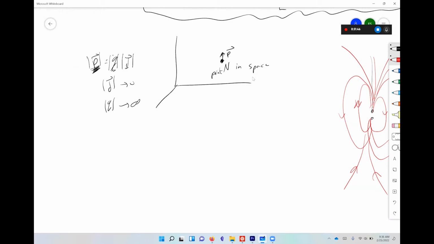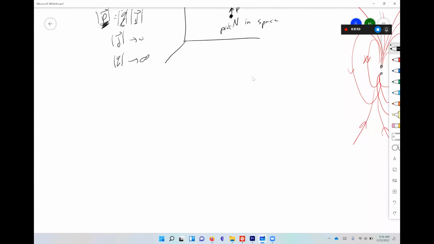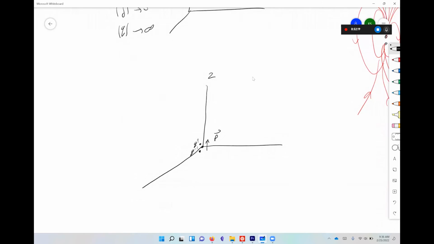But mathematically, we want to express that. So let's orient the dipole along the z-axis. I have the z-axis, and then I have my tiny dipole here, such that P is oriented along the z-axis. So I have a small dipole here with Q plus and Q negative. It's like at the origin essentially. It's so small, it exists at the origin, but P is pointing upwards. So we can use spherical coordinates.